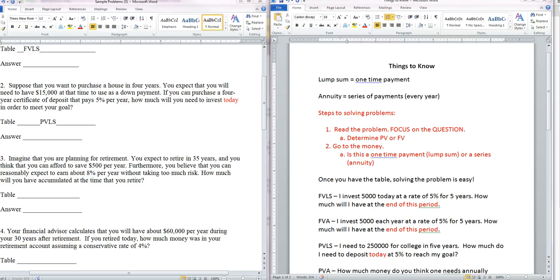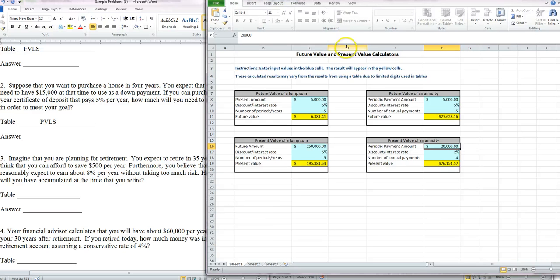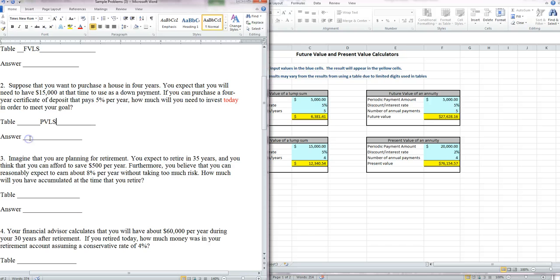So if I go ahead and open up my tables right here, present value of a lump sum, well, the future amount I need is 15,000. The interest rate is 5%. Number of years is 4 years. So how much do I need to invest today? $12,340. That's the answer. Skip the cents. I'm not interested in the cents. Just round it to the correct answers.